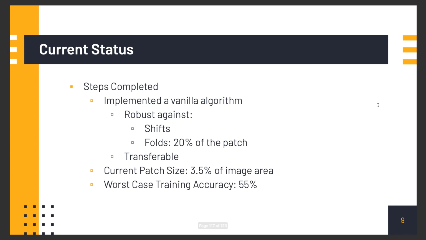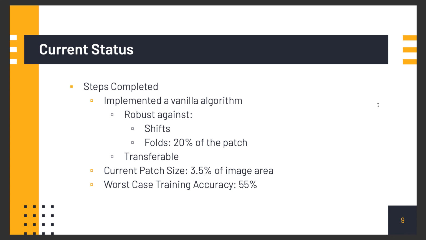In our work, patch size is currently 3.5% of the image area. Other implementations have different sizes because they have different constraints. For example, if you survey the works currently in this domain, shift does not dramatically increase patch size.